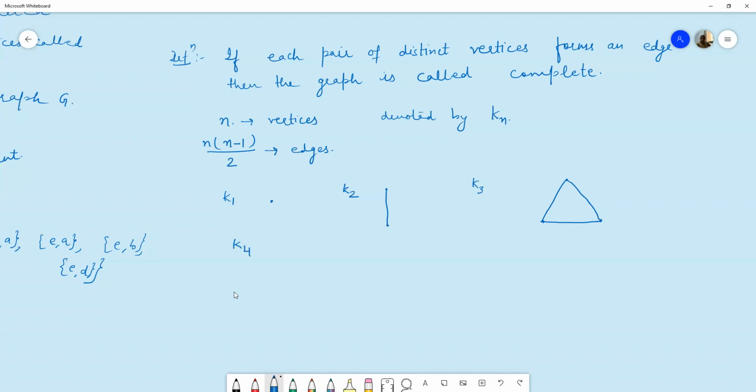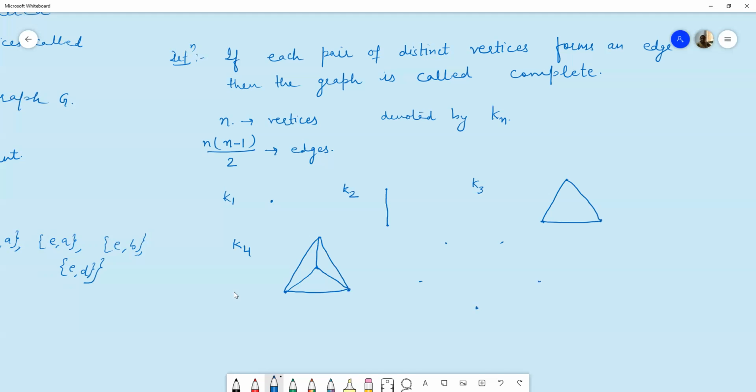Now K4, the complete graph of order 4, will be a graph of this type. Let us say this vertex is adjacent to all other three vertices. Similarly, all vertices are adjacent to the rest of the vertices. So this is the complete graph with 4 vertices, K4. Now the complete graph with 5 vertices.